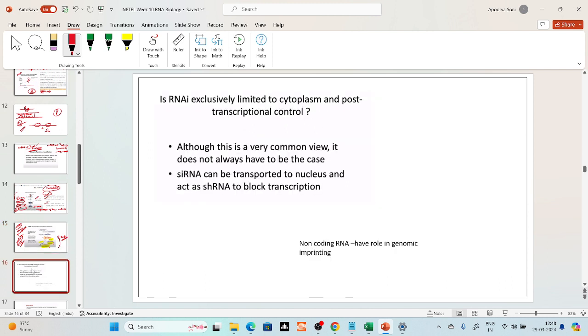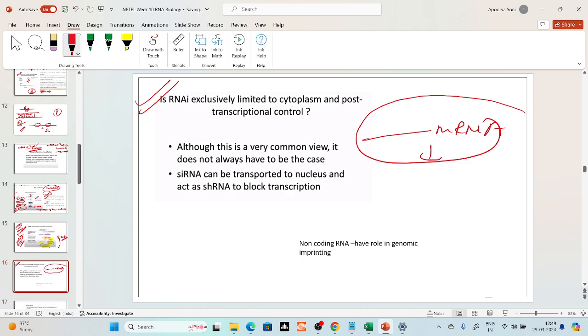Now, another point is also very interesting and important. Interesting in the sense that it is different from whatever we generally study about microRNAs or RNA interference. All we know is that RNA interference is a post-transcriptional control method. After your transcription happens and your mRNA is formed, this mRNA is silenced.